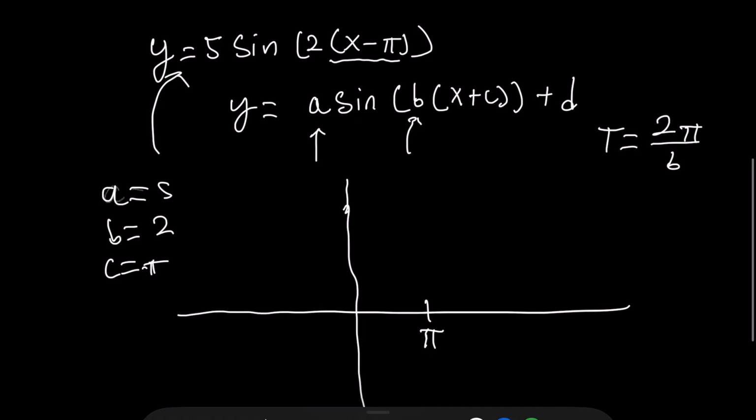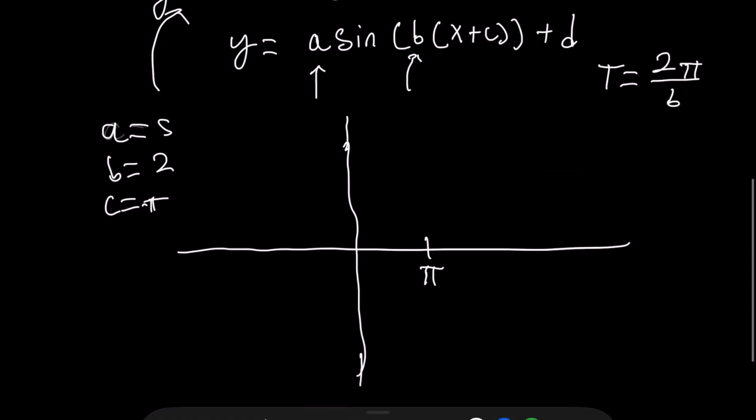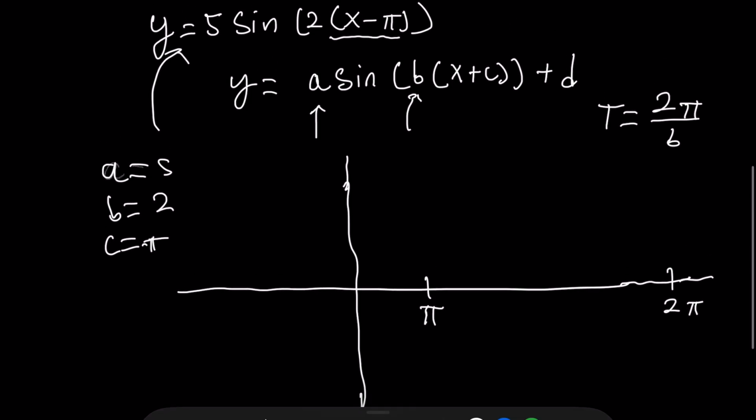And the period is equal to pi, so we should be ending at 2 pi, because 2 pi over b, 2 pi over 2 is equal to pi. And then we just split it up into increments of 4. So I would divide the period by 4, and then you'll see what I mean. So increments of pi over 4.